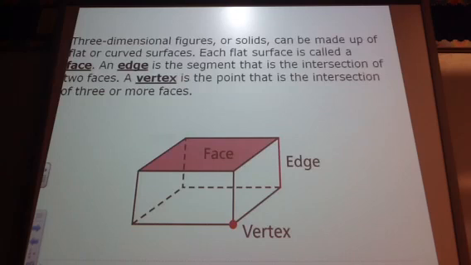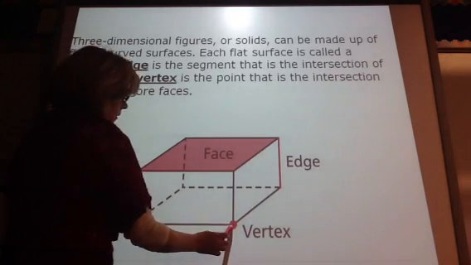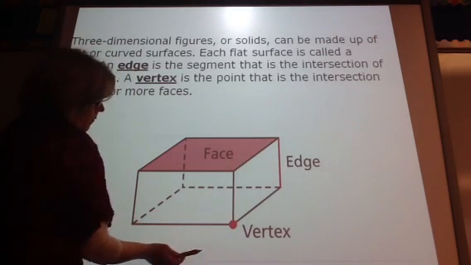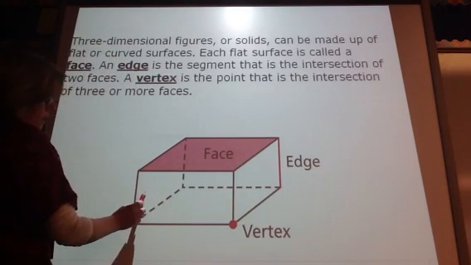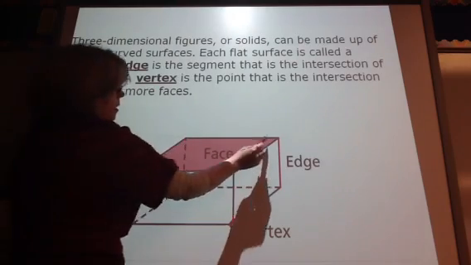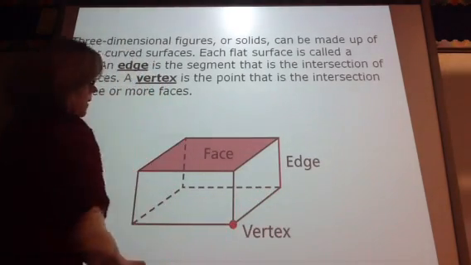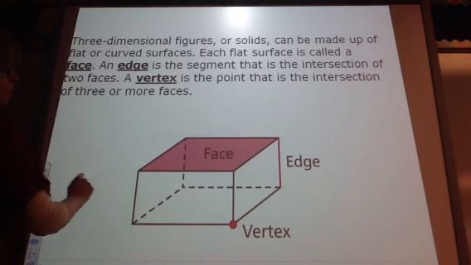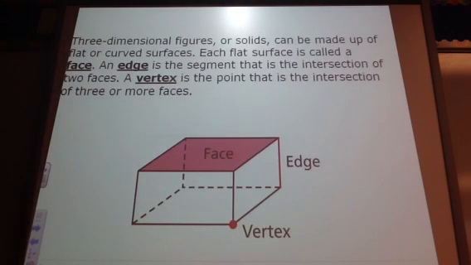A vertex is the point that is the intersection of three or more faces. Three or more faces. Vertex, 1, 2, bottom face. Vertex, 1 side, bottom face. All these corners are called vertices. Okay? So how many faces do we have here on this three-dimensional shape?